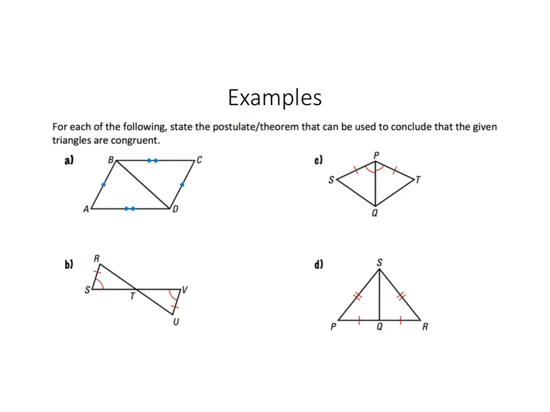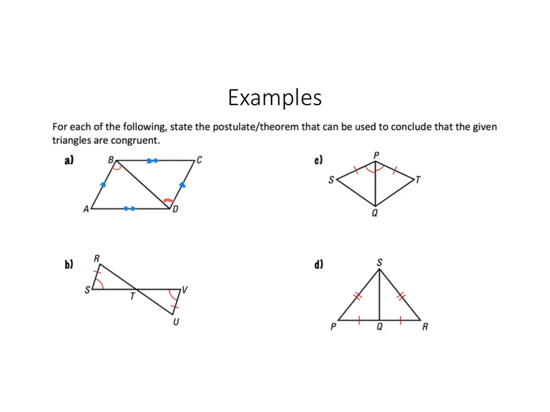In example A, we have 2 sets of parallel lines. So we have that AB is parallel to CD, and then we have BC is parallel to AD. So then segment BD cutting across our parallelogram is going to be the transversal for both sets of that. And so we can say that angle ABD is congruent to angle BDC because they are alternate interior angles.